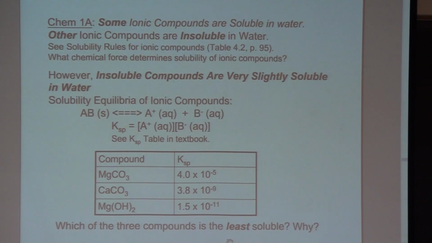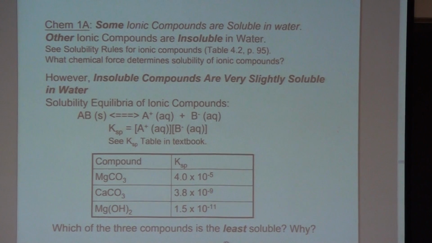Okay, so who says magnesium carbonate is the least soluble of these three? Who says that calcium carbonate is the least soluble of these three? Who says magnesium hydroxide is the least soluble of these three? Okay, good. So why is it the least soluble? Because the Ksp is a small number.